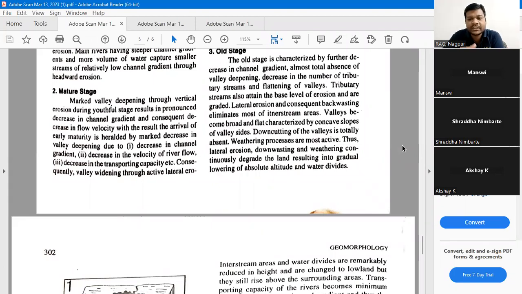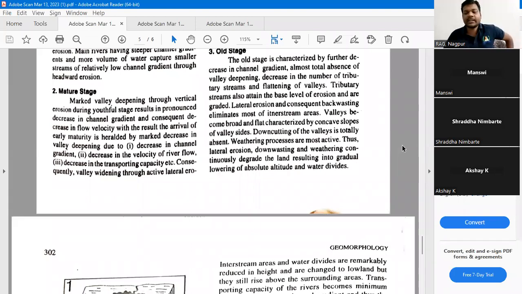What it can transport is just the sand size or silt size materials, right? So we can conveniently say that the old stage of the river has been reached.